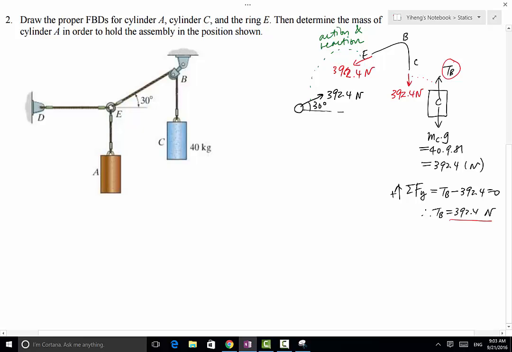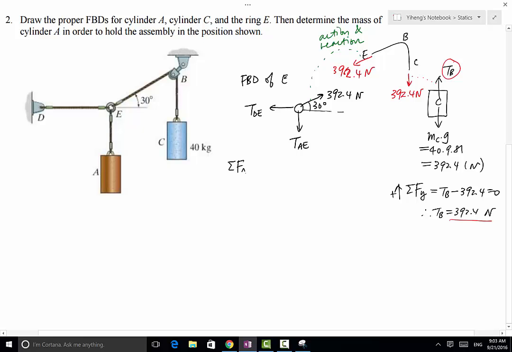So let's keep drawing the free body diagram of the ring. It is subjected to this force right here, which is from the cable AE. It is also subjected to this force right here, which is from the cable DE. And this ring is in equilibrium. So this is a free body diagram of the ring at E. From this, we can again apply Newton's first law.